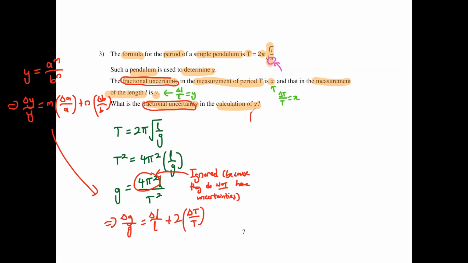So we proceed with the equation that we have. Fractional uncertainty of G is equal to fractional uncertainty of L, which we know is Y, plus 2 times the fractional uncertainty of T, which we know as X. So this would be our final answer.